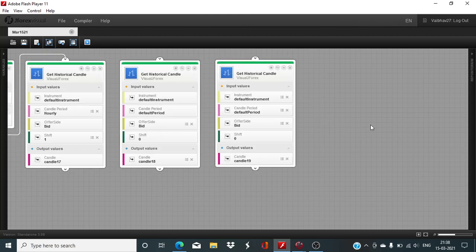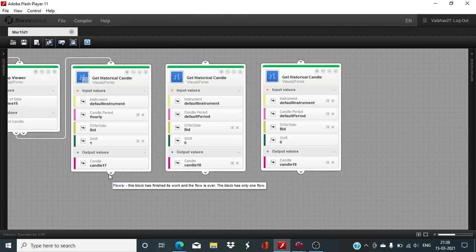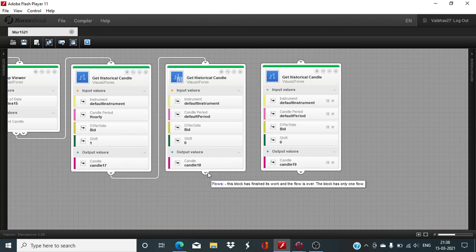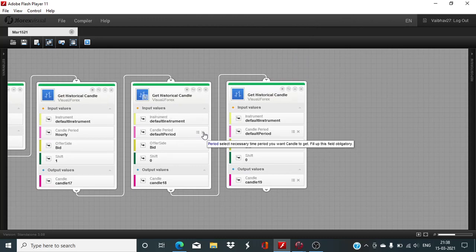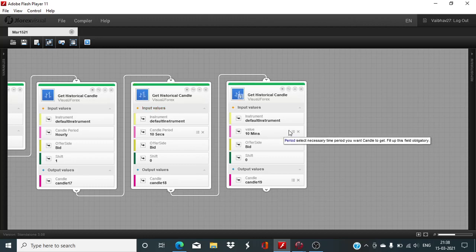And this now needs to be customized to 10 seconds. 10 minutes needs to be changed, and this will be shift 1 and shift 2.